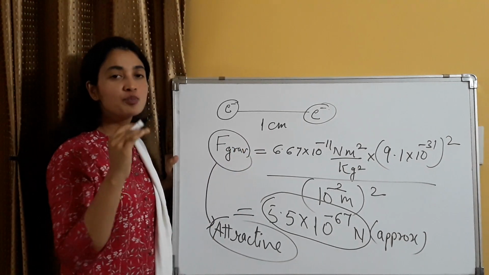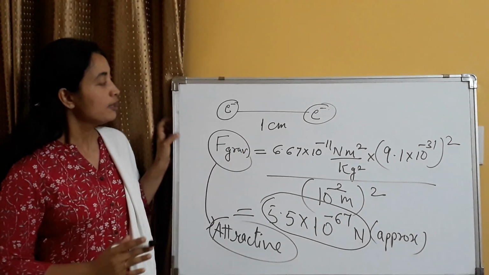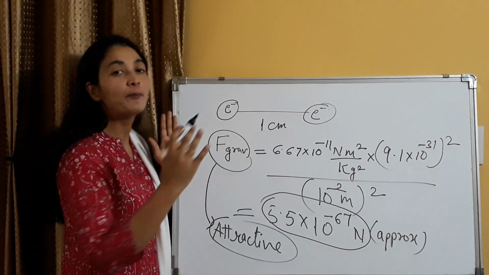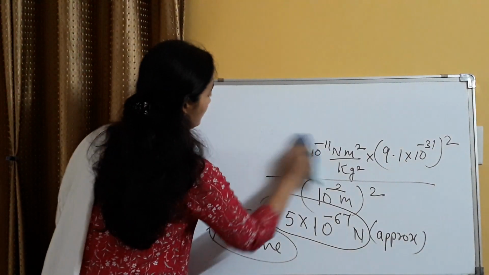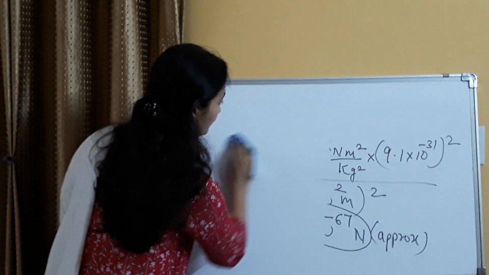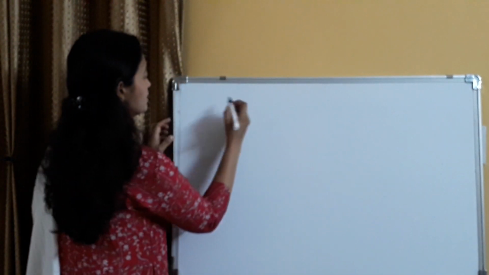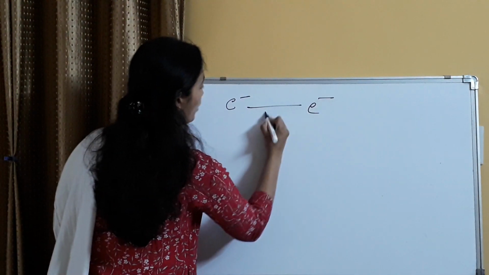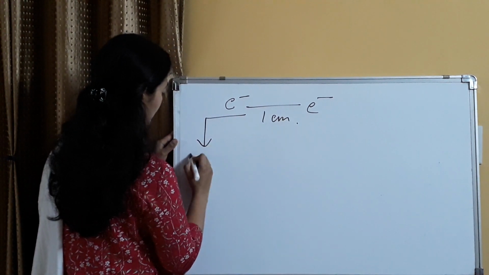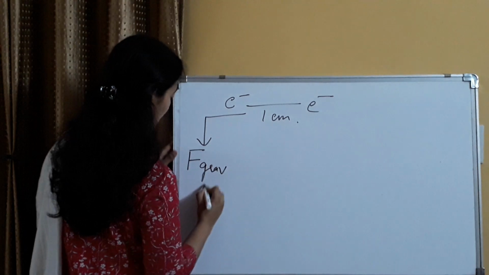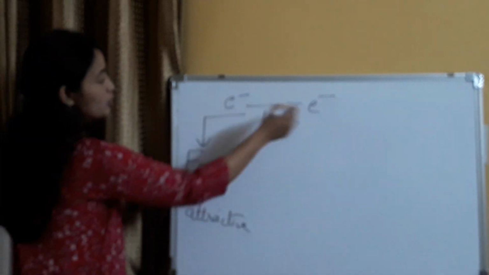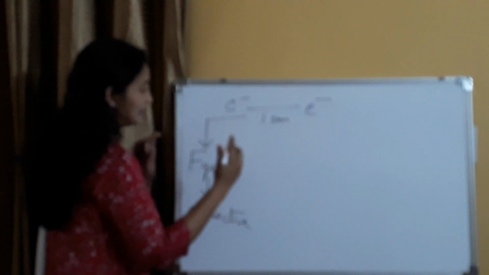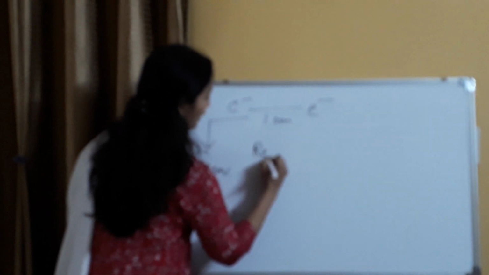In fact, even a class 6 or 7 student will tell you that if two similar charges are placed, they will repel each other. That means, going into the understanding of the concept, if two electrons are kept at a distance of 1 centimeter, they are under the action of gravitational force, and this gravitational force is attractive. But to our surprise, these two electrons are not attracting each other. That means they are repelling.